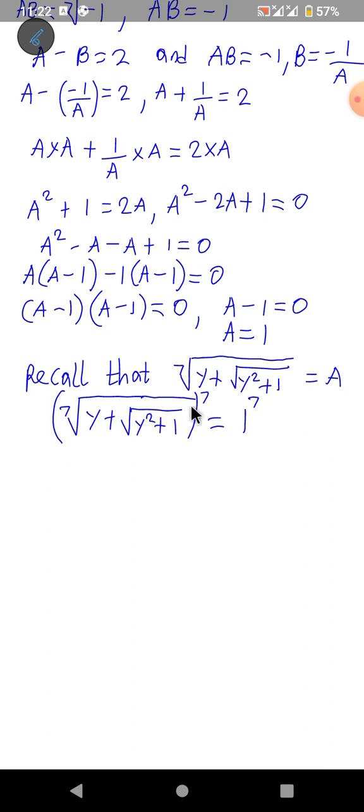Now from here, this 7th power will cancel this 7th root. So we now have y plus the square root of y squared plus 1 equal to 1 raised to the power of 7, which is 1. Then we continue again.